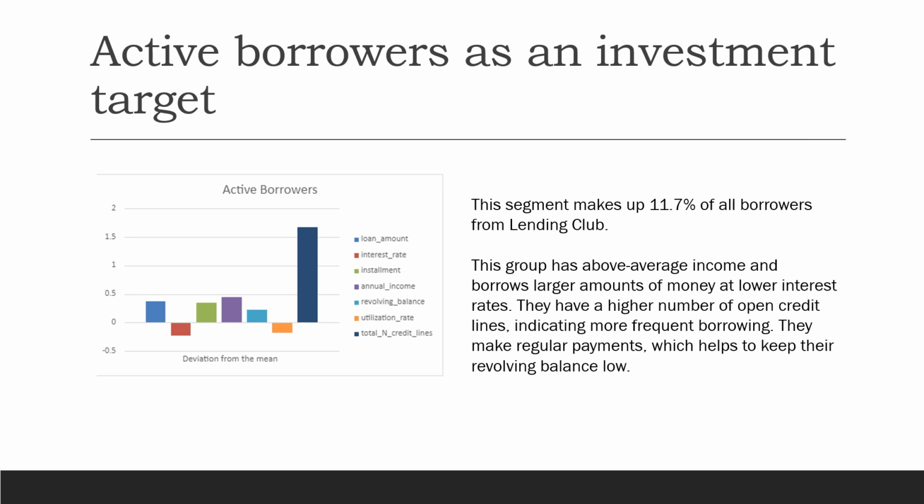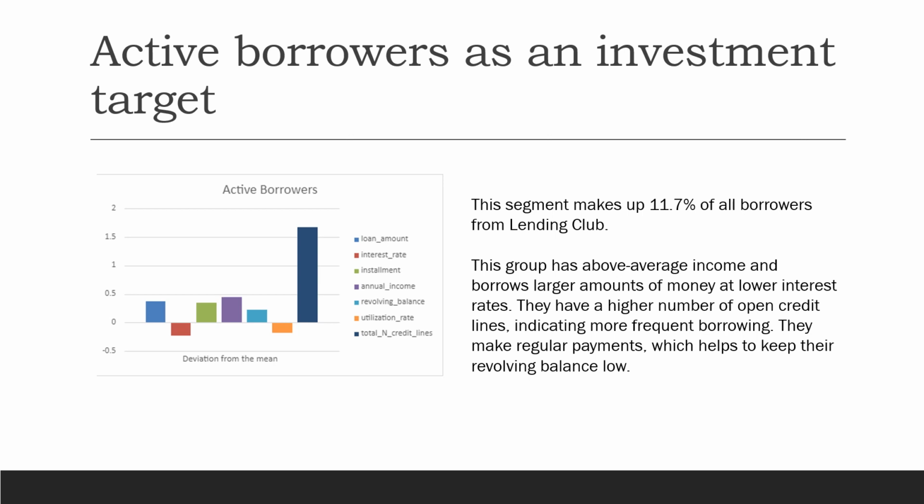This segment makes up 11.7% of all borrowers from Lending Club. This group has above-average income and borrows larger amounts of money at lower interest rates. They have a higher number of open credit lines, indicating more frequent borrowing. They make regular payments, which helps to keep their revolving balance low.